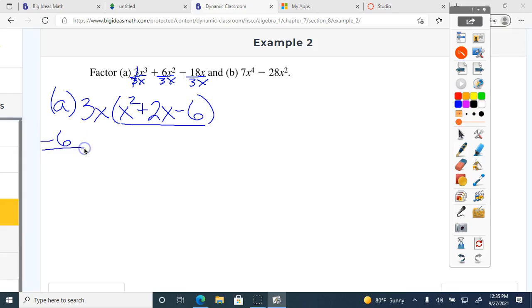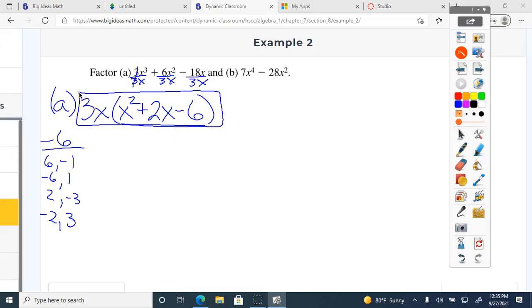We don't have very many that multiply to be negative 6. You've got 6 and negative 1, negative 6 and positive 1, 2 and negative 3, negative 2 and positive 3. Does anything else multiply to give you negative 6? Do any of those add up to 2? No. So we are done. That's as far as we can go.